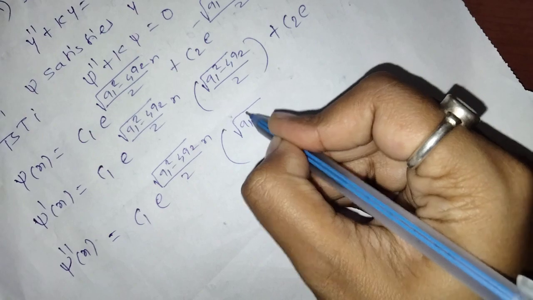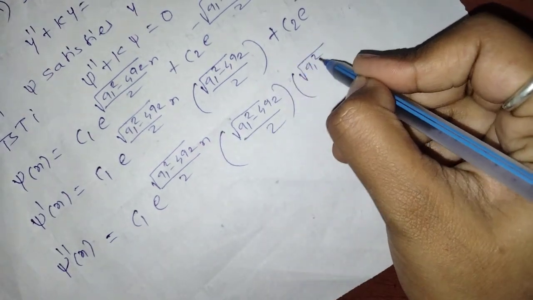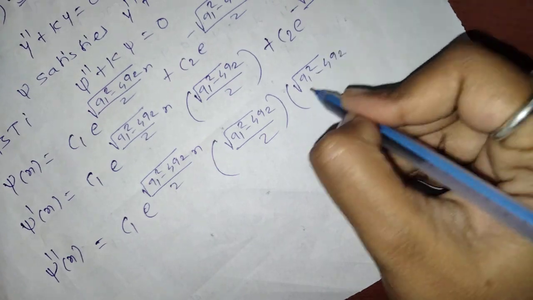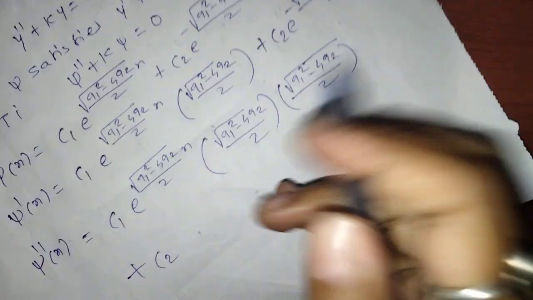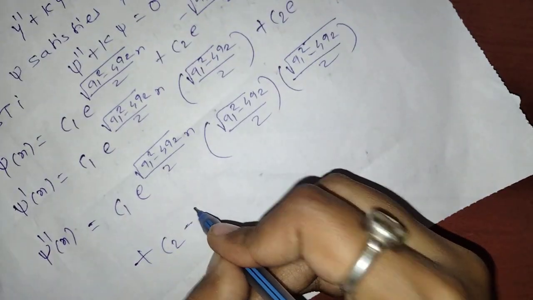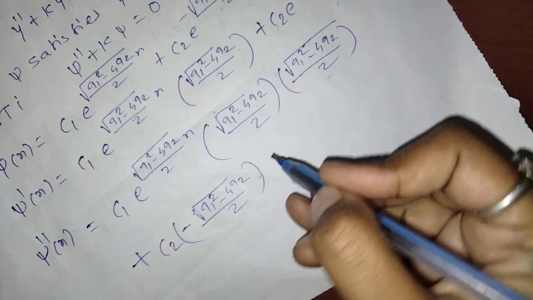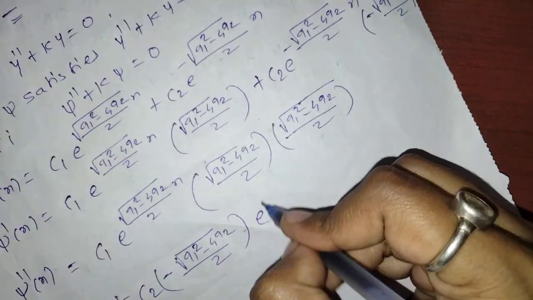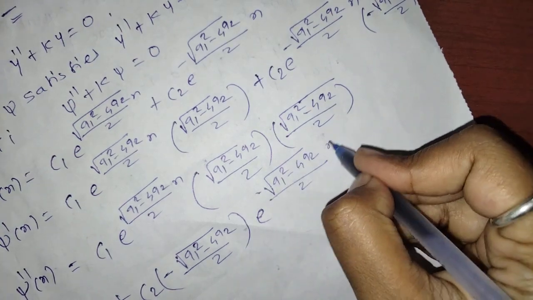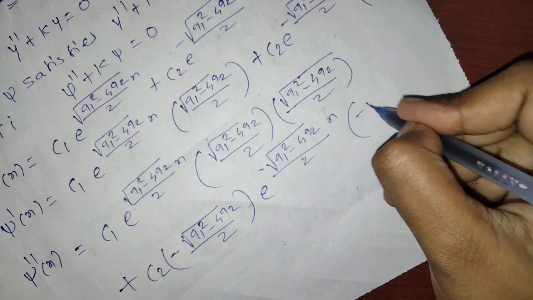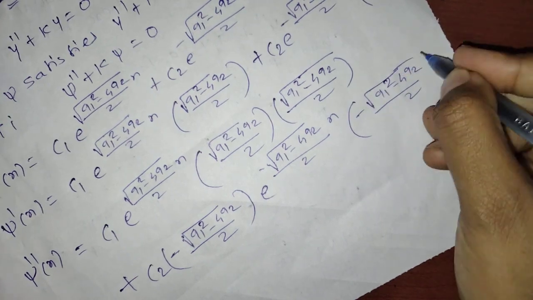So under root a1 square minus 4a2 upon 2 into under root a1 square minus 4a2 upon 2, plus c2, this term as it is, into derivative of this term, minus under root a1 square minus 4a2 upon 2, into minus under root a1 square minus 4a2 upon 2.